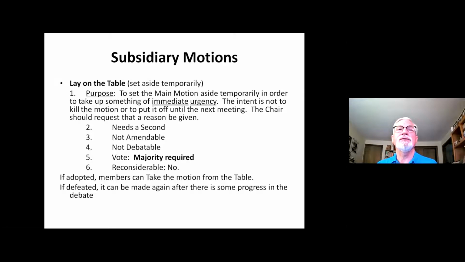So you would say, I want to put this motion on the table so we can discuss XYZ because someone has to leave, for example, and that would be a good reason to lay a motion on the table. A majority vote is required. If it's adopted, the members of the board can then take it off the table. If it's defeated, it's possible to make the motion at a later time.